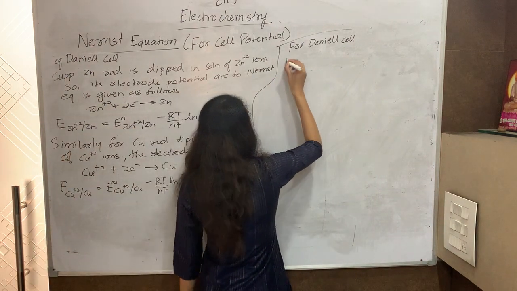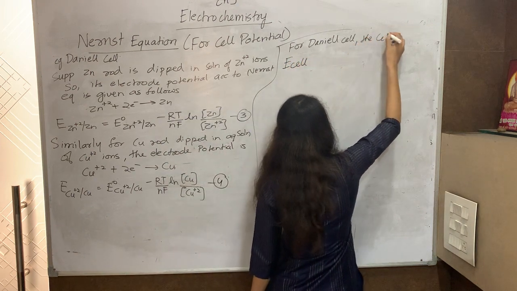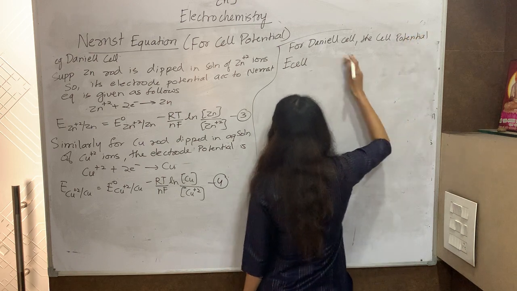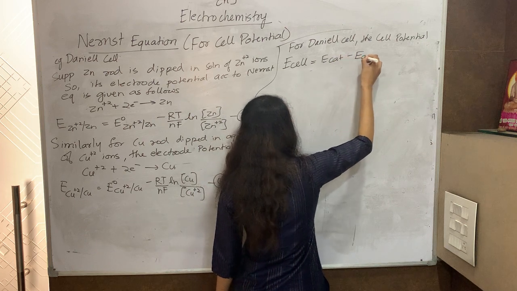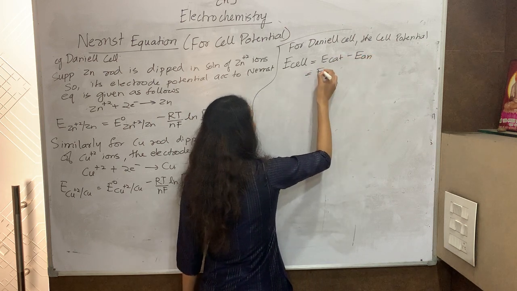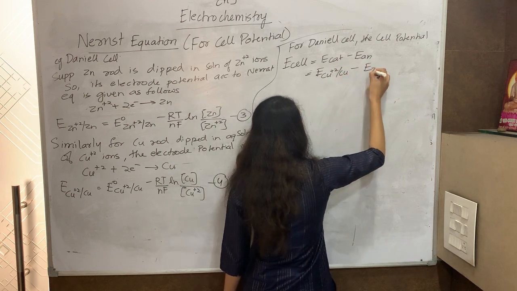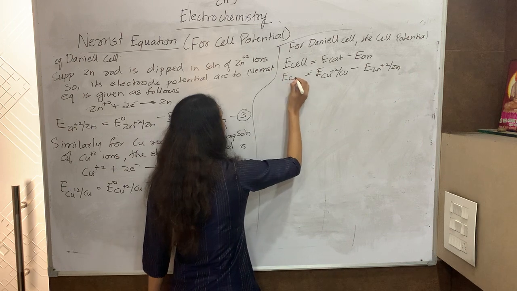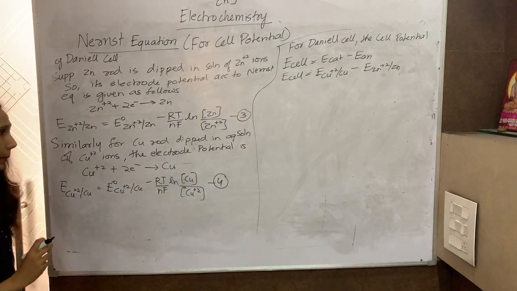For Daniell cell potential, the cell potential E cell is equal to E cathode minus E anode, and you know that in the Daniell cell copper acts as your cathode. So electrode potential of copper minus electrode potential of zinc will give me the cell potential. This is not standard cell potential, this is only the cell potential.